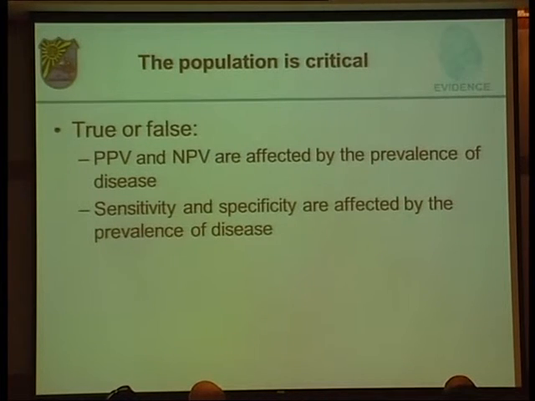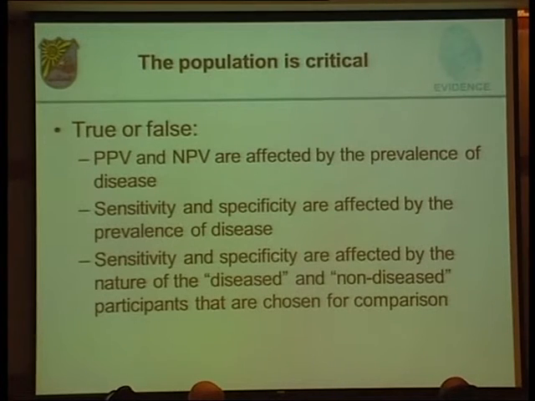But are sensitivity and specificity affected by the nature of the diseased and the non-diseased in that study? The answer is yes. And so while prevalence itself does not affect sensitivity and specificity, if the nature of the diseased people in a high prevalence population is different from the nature of the diseased and non-diseased in the low prevalence, then you may have a problem.